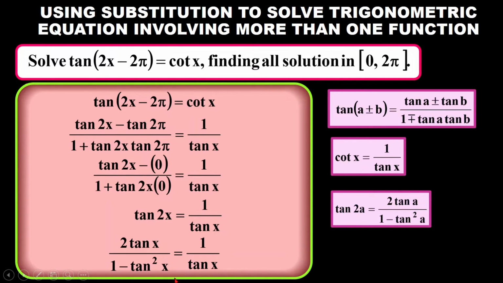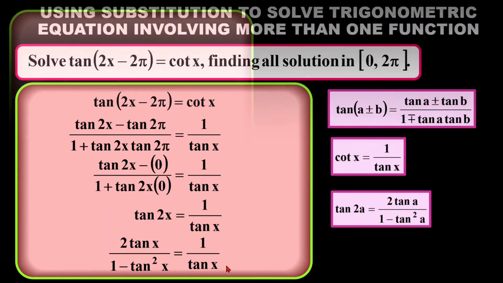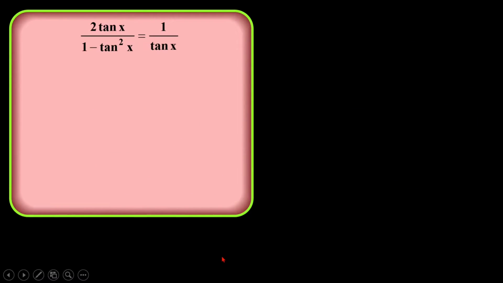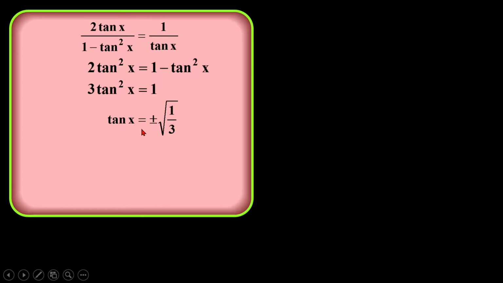Okay, so once they are all in the correct form, I need to rearrange this equation. Rearranging this will create something like this, and I can simplify this as tangent x equals plus minus square root of 1 over 3.